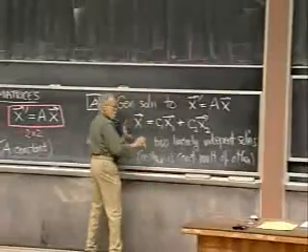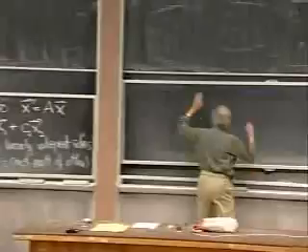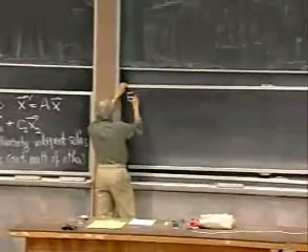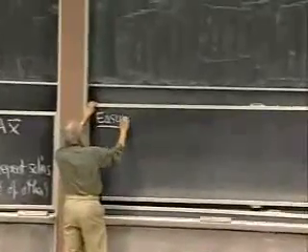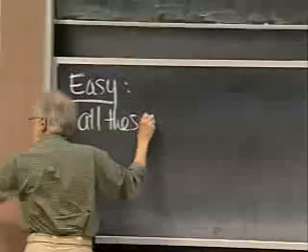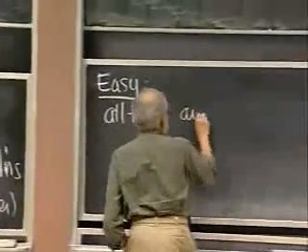So it's easy to show that all of these are solutions. Every one of those, regardless of what C1 and C2 are, is a solution.